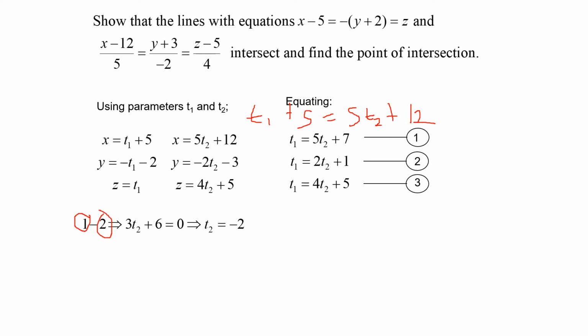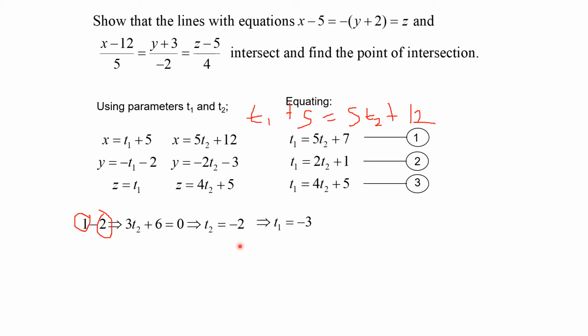So 1 minus 2, t1 minus t1 is gone, it is 0. 5t2 minus 2t2 is 3t2, and 7 minus 1 is 6. So equation 1 minus equation 2, you manage to solve your t2 as negative 2, and then you can use either equation 1 or 2 to solve your t1. By substituting it into, say, the first equation, we have got our t1 as negative 3.